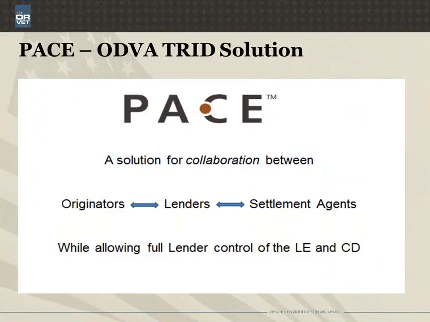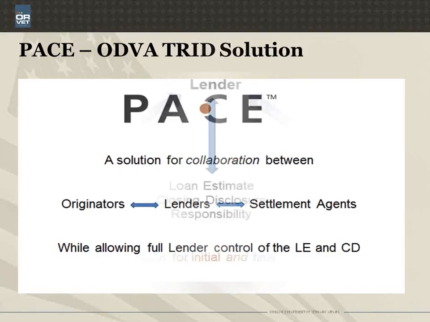It is our solution. It's our collaboration tool, an online tool that allows us as the lender to collaborate with you as the originator, and also with the settlement agent when the time comes for the drawing of the documents and out to closing. It also allows us to have full control of the loan estimate and the closing disclosure.